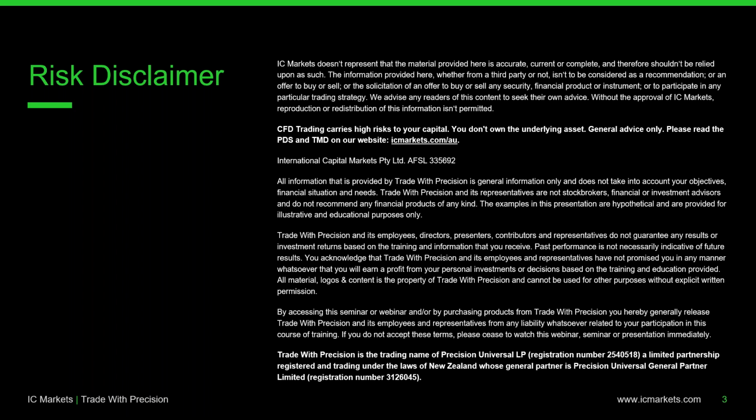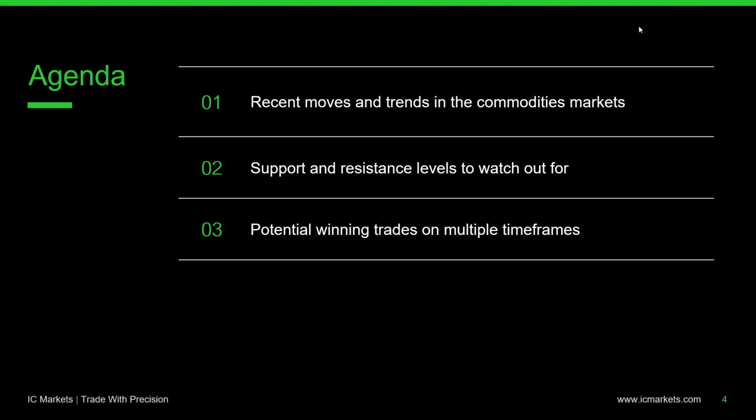So with that said, let's get started with the agenda for today. We're going to be looking at some recent moves and trends in the commodities markets. We're going to look for support and resistance levels to watch out for. I'm a big fan of support and resistance levels, so I'll show you what my major support and resistance levels are on the major commodities, and I do find that really helps with mapping out where price might end up next.